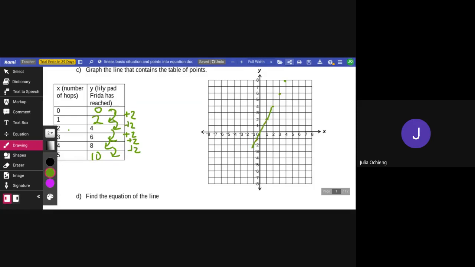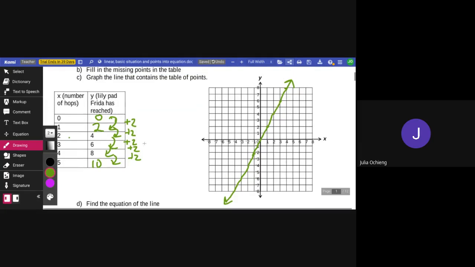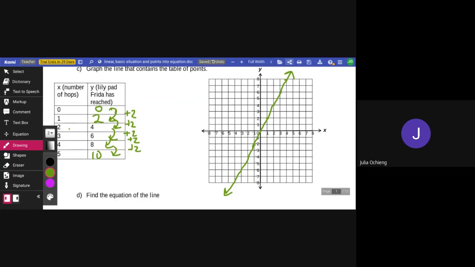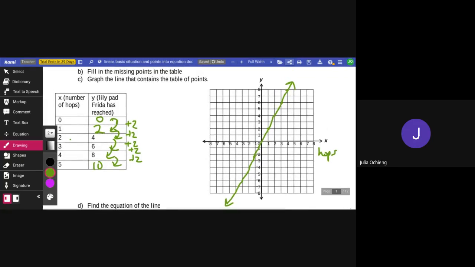So I expect your line to be straight and that you used a ruler. All right, so that's the graph of Frida the frog's hops. So x is the number of hops and y is the lily pad number.